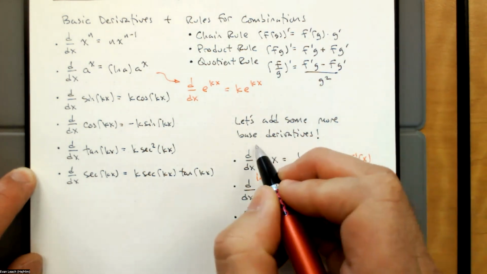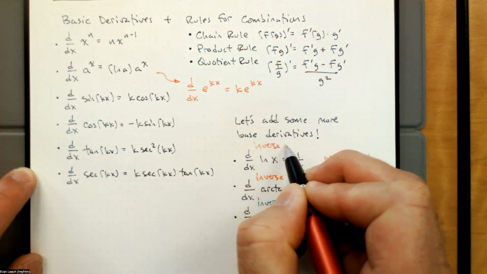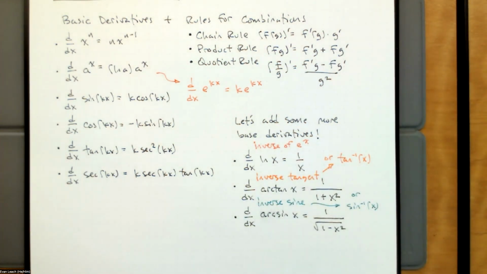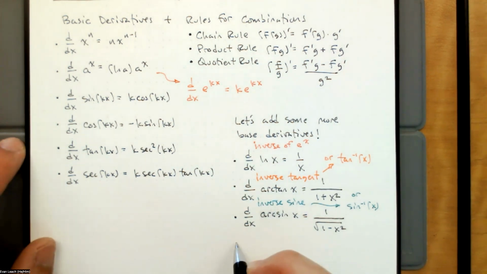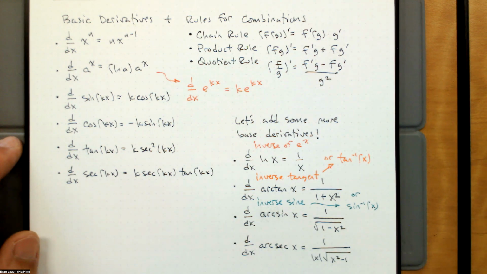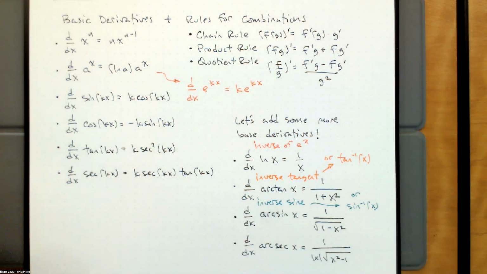Natural log of x, of course, is inverse e to the x. And of course, there's a common one that we know for inverse secant.